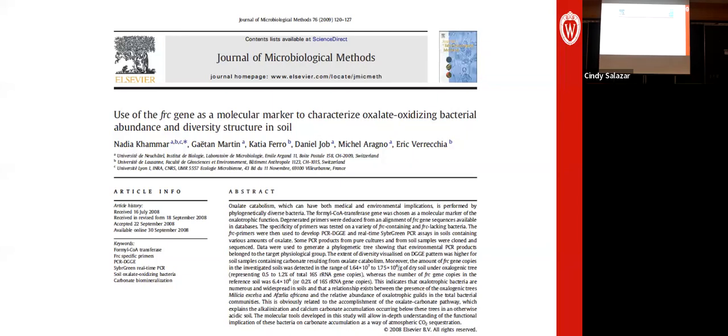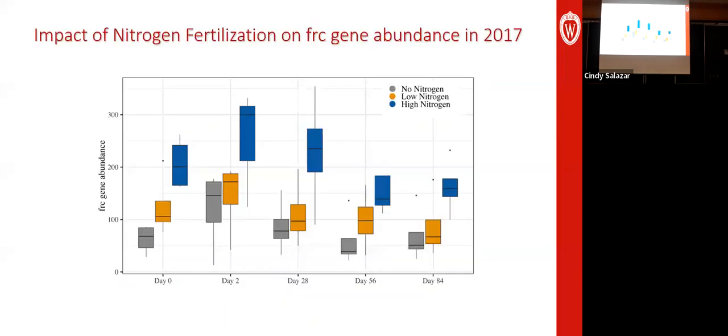So we also had those samples that we had taken from the nitrogen plot, and we measured the expression of FRC in those individual plots, and there's markedly higher FRC expression in the high nitrogen plots, which to us now, as we're thinking through this thought process, if we are putting down a high amount of nitrogen, it's possible that there is a certain segment of that bacterial community that's very good at utilizing the nitrogen as a carbon source and increases in population rapidly.